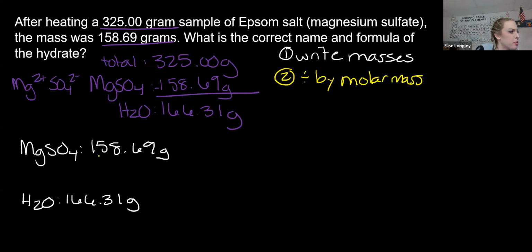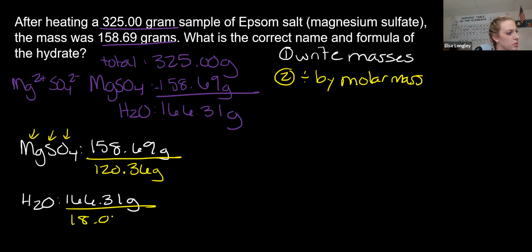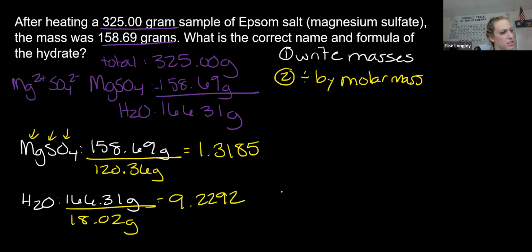The molar mass of magnesium sulfate, if you did it correctly, is 120.36 grams, and that's just adding up each one of these from the periodic table. For water, it's still the 18.02 grams that we've been using. So when you do that, you should have gotten 1.3185-ish, and 9.2292-ish for the number of moles, okay? Because that's what we're doing, converting to moles.